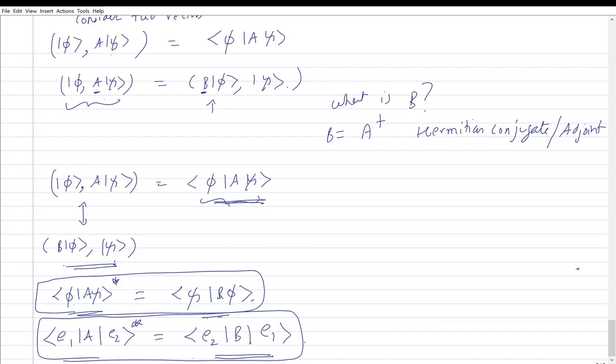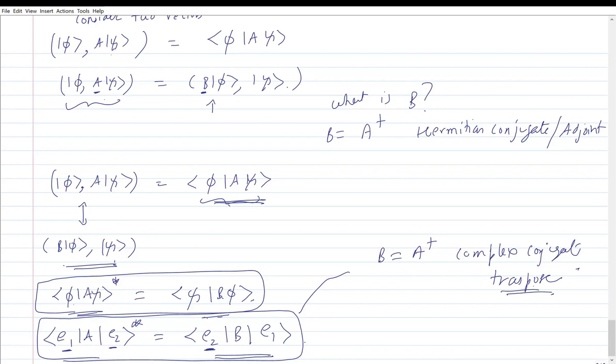So this is going to tell me that the row becomes the column and the column becomes the row. They get swapped and the element also gets swapped. That's essentially what I mean when I call B equal to A dagger, which is the Hermitian conjugate or complex conjugate transpose.